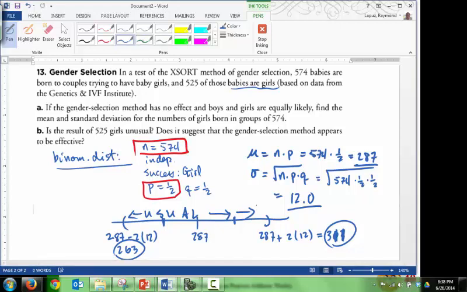That is very unusual. That means there must have been something going on, and that means that their packages must have been really effective. Because, whoa, 525 babies were girls out of these 574 people that had kids. So they must be doing something right.